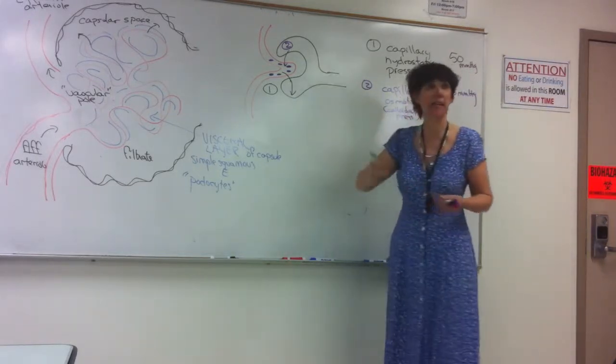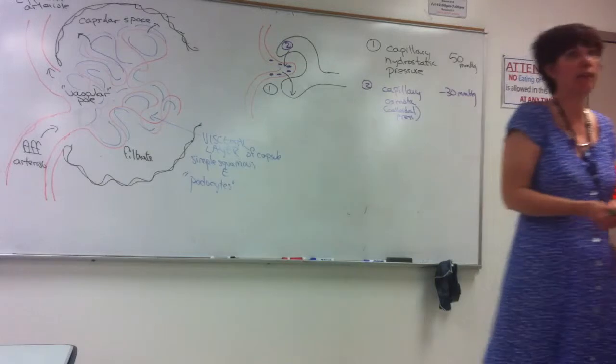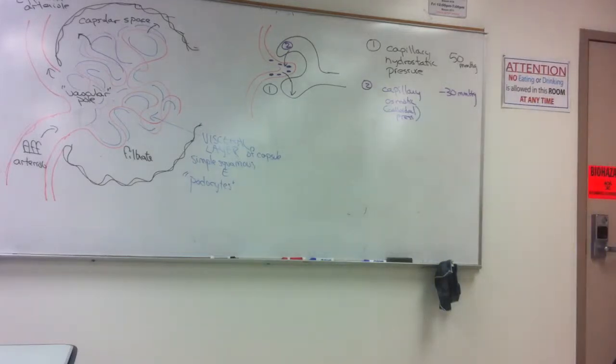As fluid is pushed into the capsule, some of that is going to flow on into the proximal convoluted tubule, and some will flow from there to the nephron loop and so on as it moves its way through. But if it's pushed at a rate faster than it flows through, that pressure is going to build up. It's like trying to fill a balloon with water, or maybe a plastic sack with water.